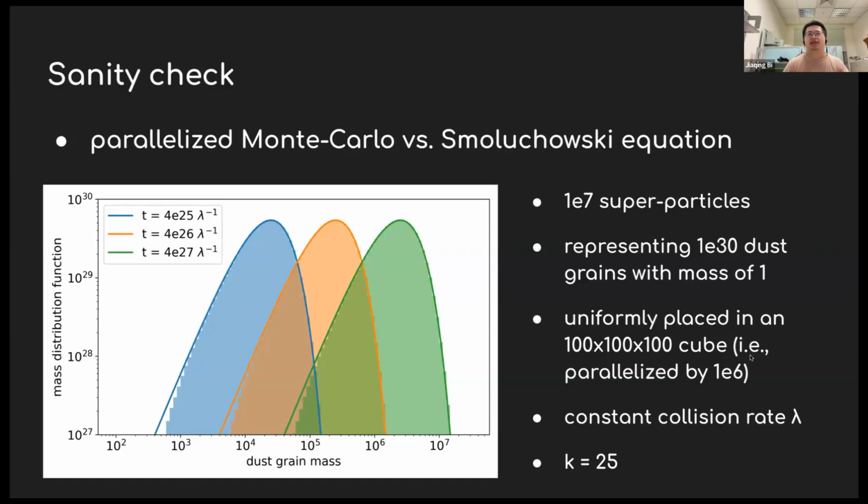And the result shows that, as long as the collisions do not interfere with each other severely, you can still reproduce the analytical Smoluchowski equation solution, which is marked with the lines, and the Lagrangian particle results are shown in the histogram.